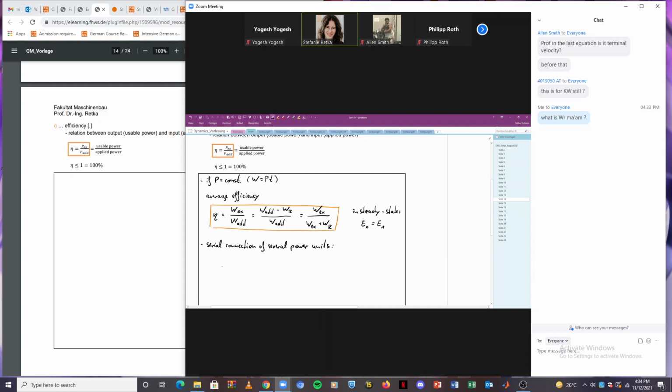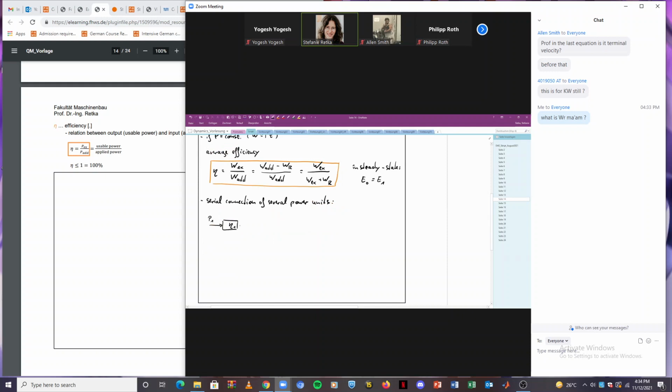For example, with one power unit with an efficiency eta 1, we apply the power P1, then we extract power P2, which we use to drive a second power unit. And so on.